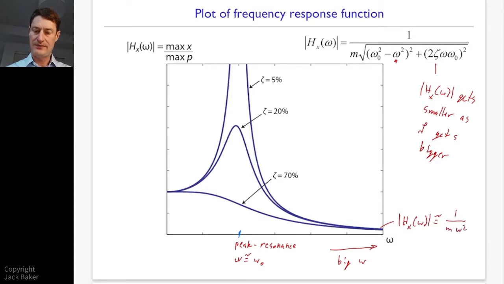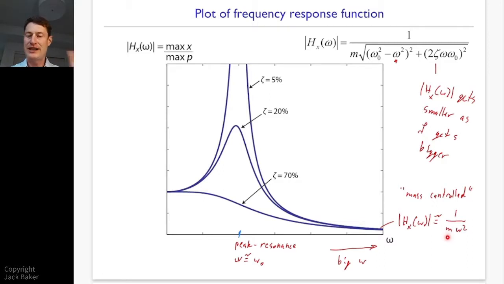So I've got an omega squared inside of a square root, so I'll just drop the square root, and we've got something that looks like this. So what's happening is that we're mass controlled. Our response is a function of the excitation, omega squared, and so as that gets bigger, the response will get smaller. And then the mass of the structure, right?